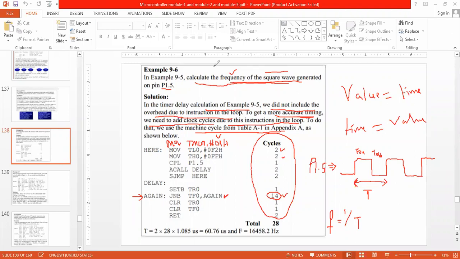Is it understood? See, in the examples, they have not written all the instructions. By default, we are working upon timer 0, mode 1.